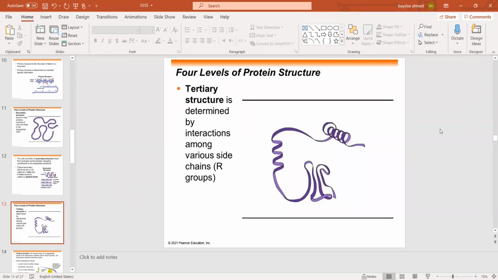For the tertiary level, the three-dimensional shape is stabilized by interactions between side chains. While secondary structure involves interactions between backbone constituents, tertiary structure is the overall shape of the polypeptide resulting from interactions between the side chain R groups of the various amino acids.